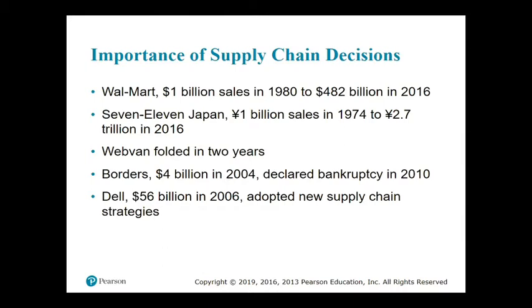Right. So basically, you guys hit it on the head. Webvan was able to turn its inventory a little bit faster than grocery stores, but the cost of delivering these items to satisfy somewhat irregular demand was just too high.